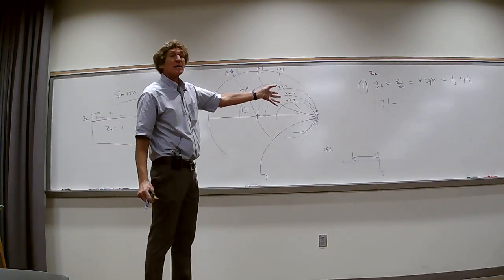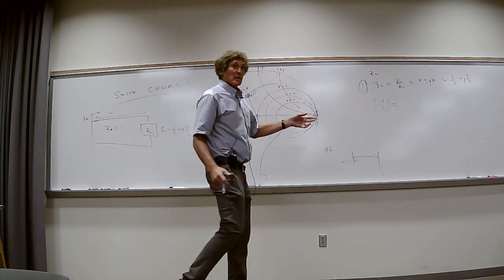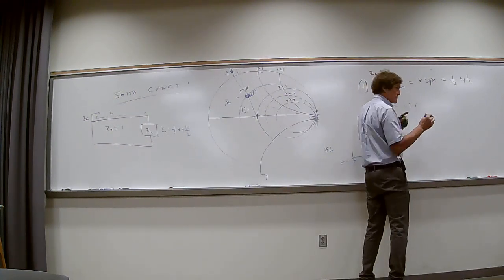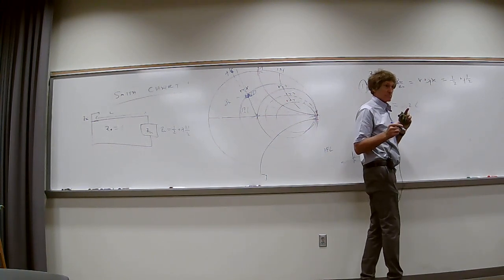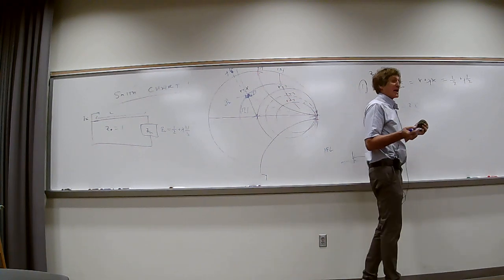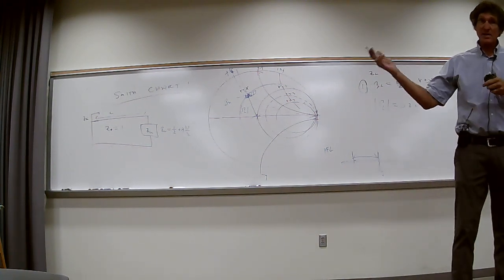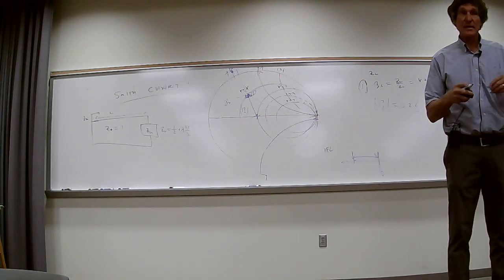Anybody? It looks near 0.2. 0.2? At what angle? You can calculate this using the equation ZL minus Z naught over ZL plus Z naught. You get the same answer.